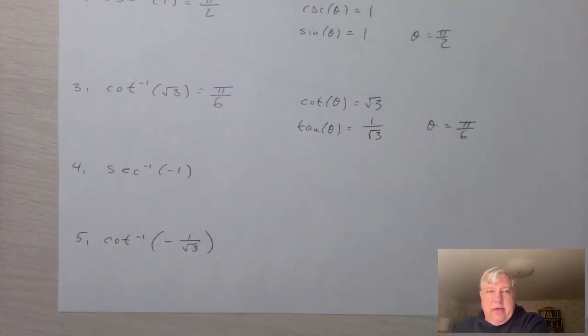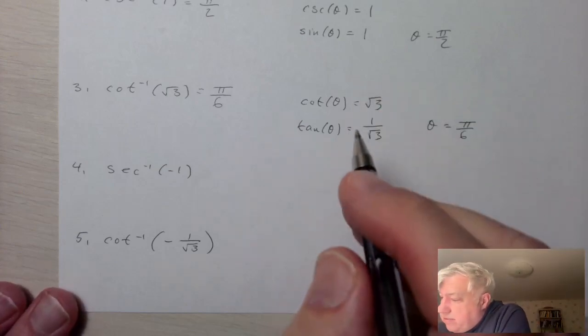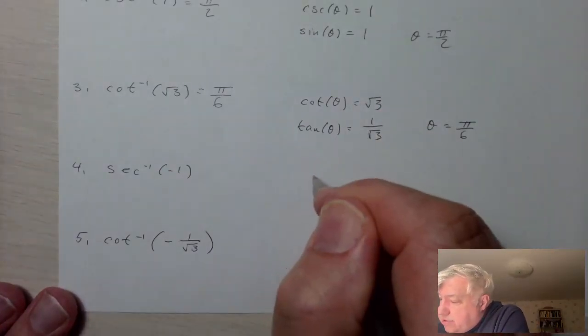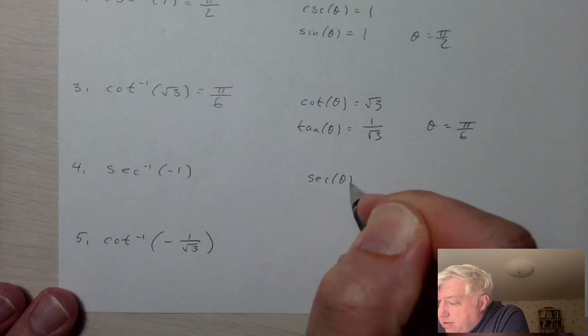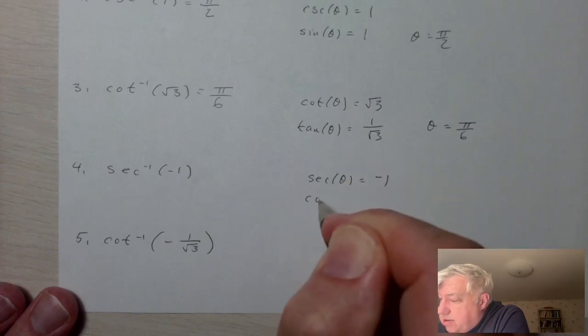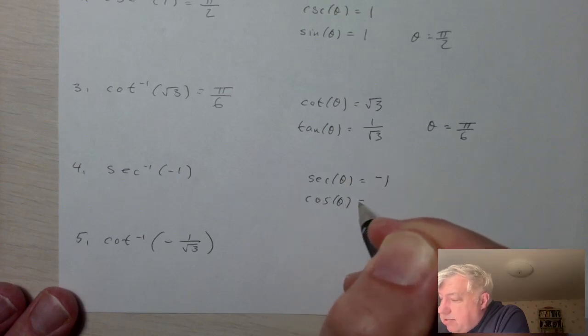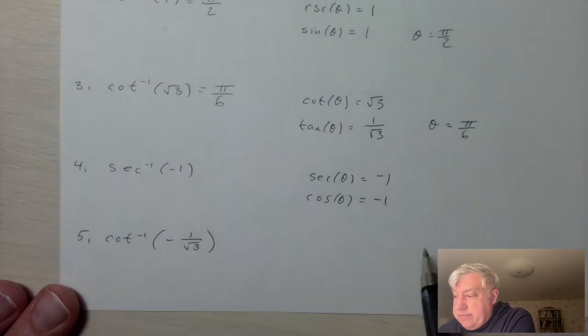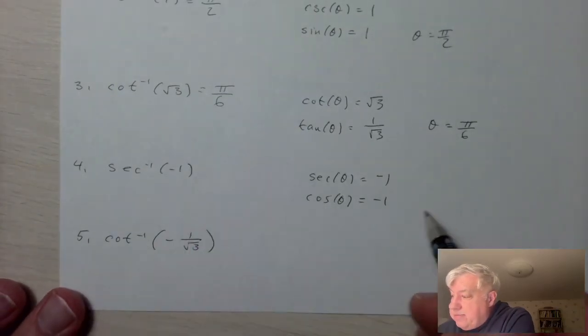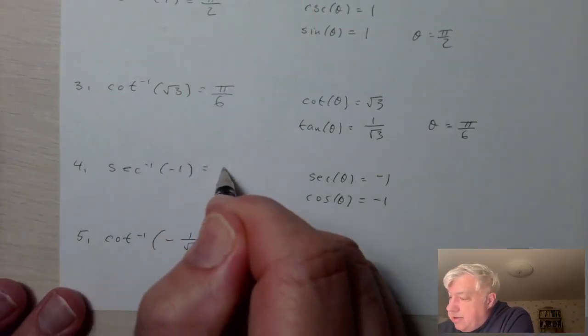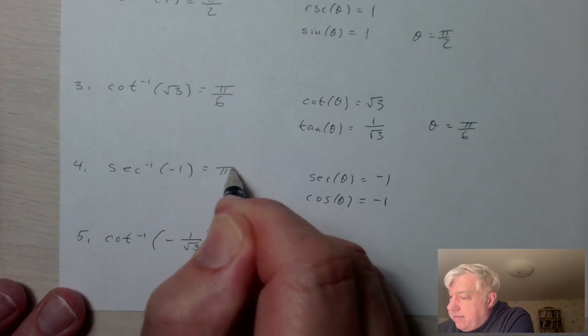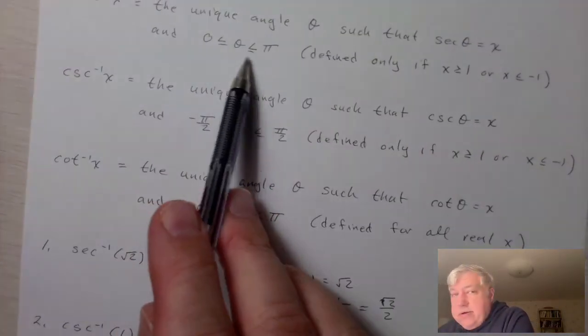For the inverse secant of negative 1, we want the secant of theta to be negative 1, which means the cosine of theta is also equal to negative 1, and that's going to be pi. Let's double check that it is in this range.